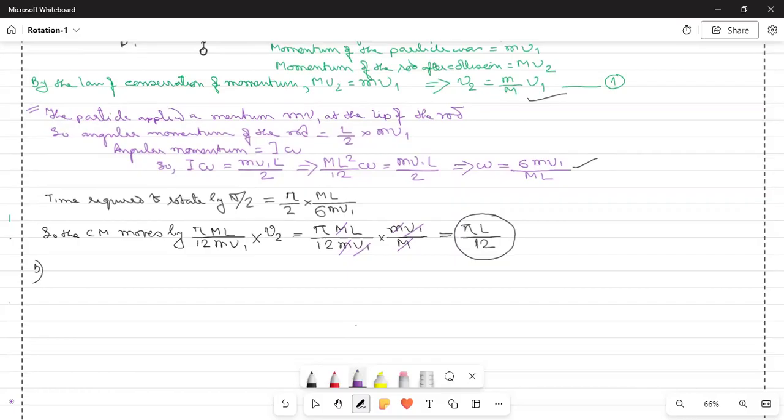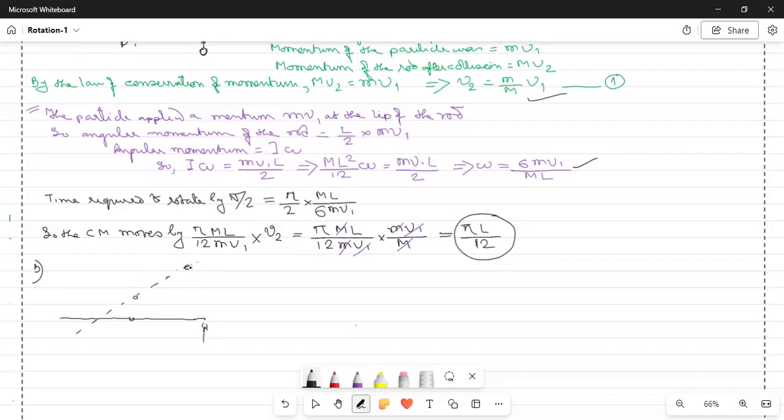Now, for your benefit, I do the drawing once again. Say this is the rod before collision, and this is the particle which hit it. After collision, the center of mass moves here, and the rod takes a turn like this.